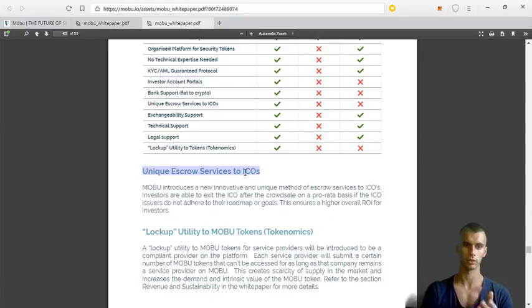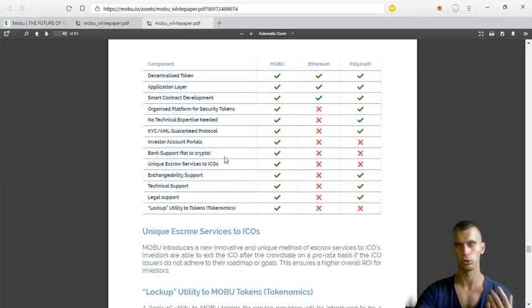So unique escrow services to ICOs. Basically, if the ICO wants to do something really big, they raise all that money and their plan is to go to the moon, to launch a rocket to the moon, for example, and there's 2 years into the roadmap and they don't even have a rocket.